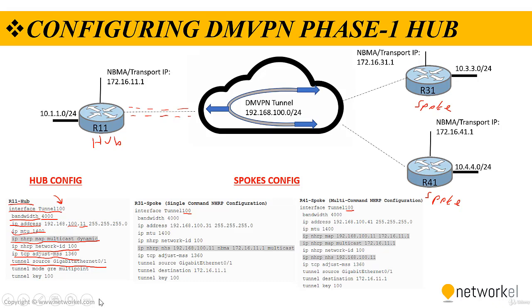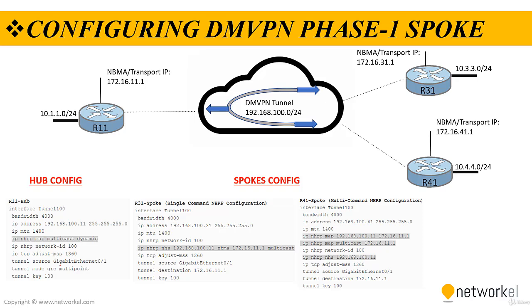Then guys, we are converting the tunnel to a GRE multipoint interface. The command is tunnel mode gre multipoint. And in here we have another optional parameter, which is the tunnel key. The tunnel key is set to 100 in here. So this key should match for both hub and spoke routers to establish a tunnel between each other.